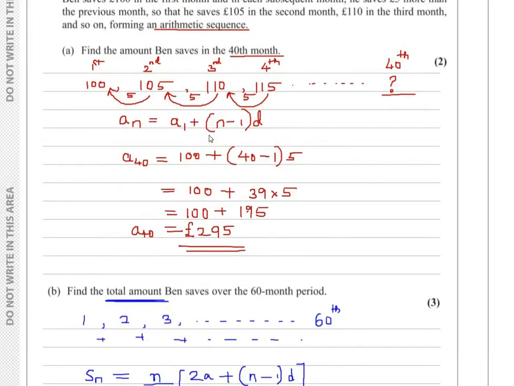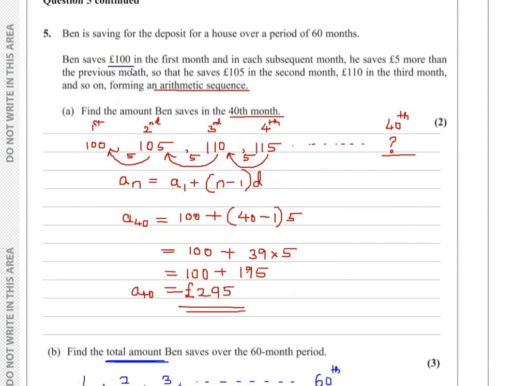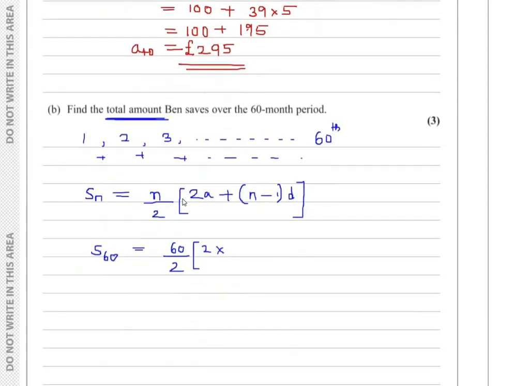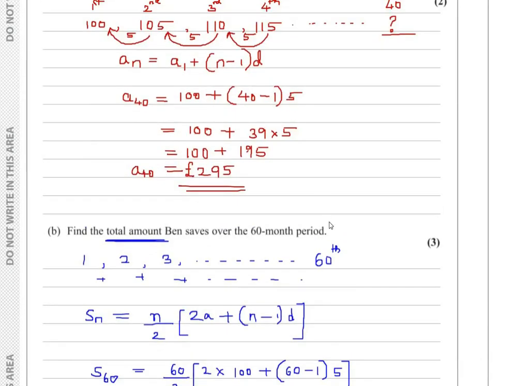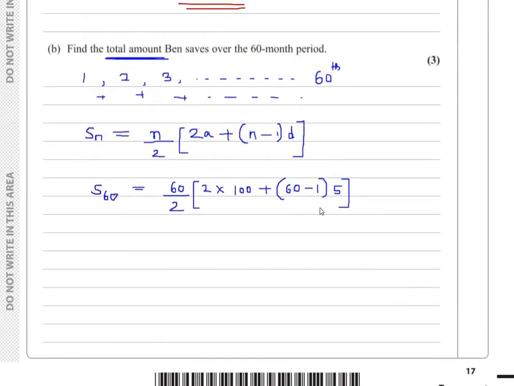So here in the sequence we have the first month saving at 100. So we are going to replace here with 100 plus n is 16 here, so 16 minus 1, and the difference was 5 as we got in the previous condition. That was 5. So here also it will remain the same.